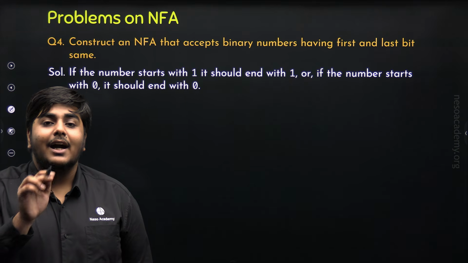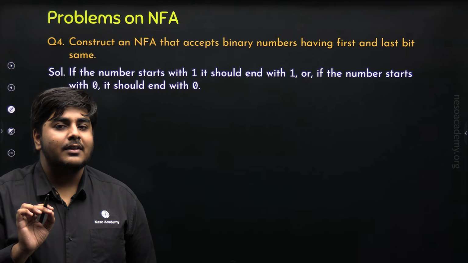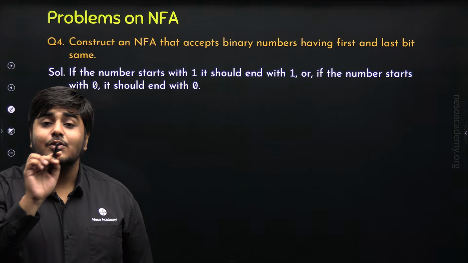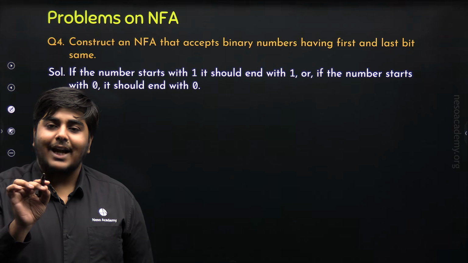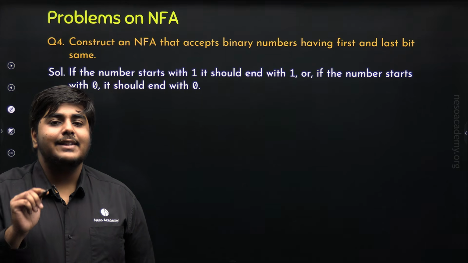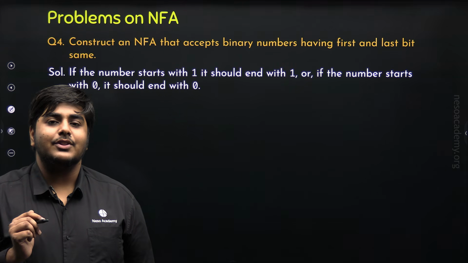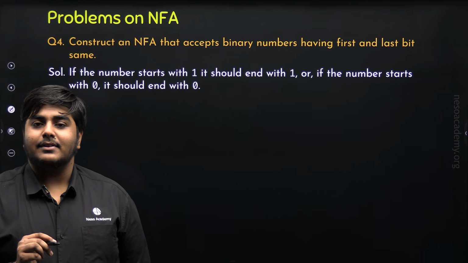That means it is starting and ending with the same symbol 0, so it is a valid string. Similarly, a single 1 is also starting and ending with the same symbol, 1. That is why a single 0 and a single 1 are the valid and simplest possible strings for this language.